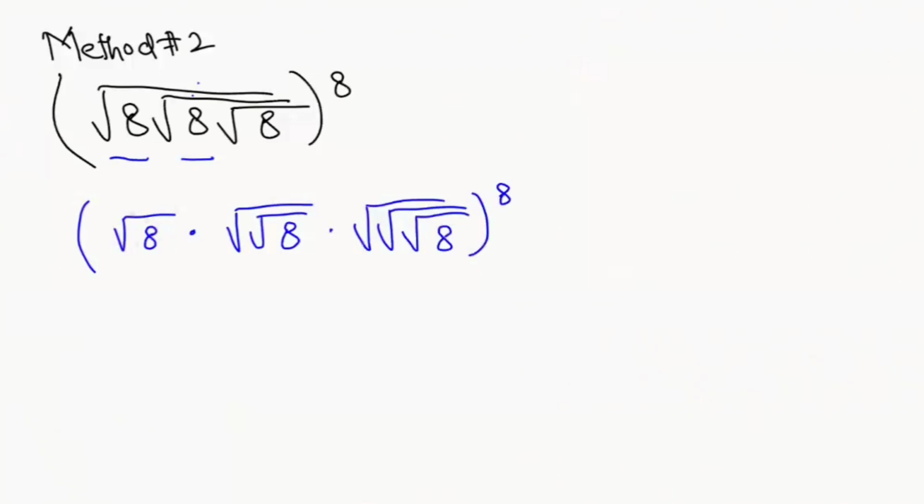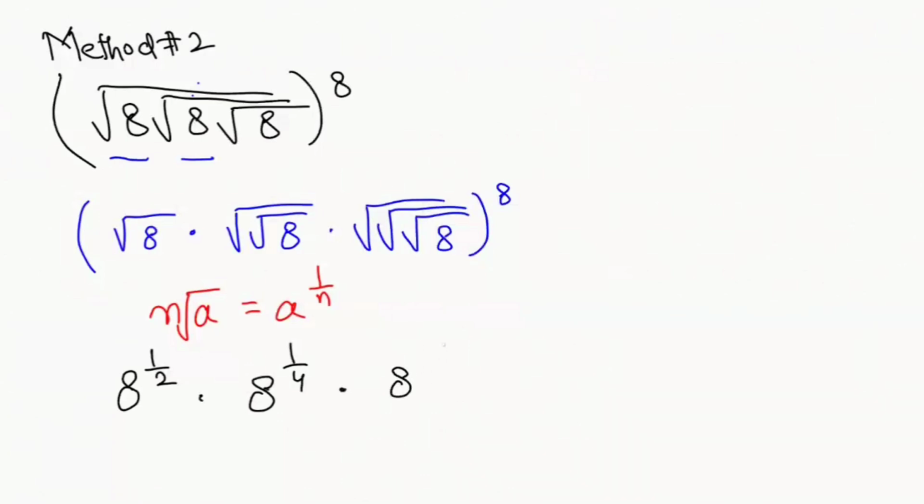We're going to apply here the radical property that will change this: the n-th root of a is equal to a to the power of 1 over n. So here this will be equal to 8^(1/2) times, here this 2 roots equals 8^(1/4), and we have 3 roots, so here this will be equal to 8^(1/8), and the whole to the power of 8.